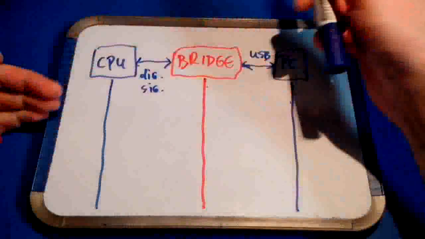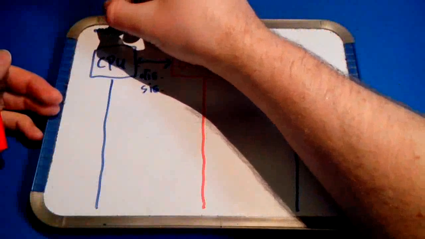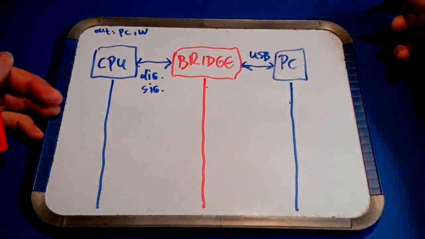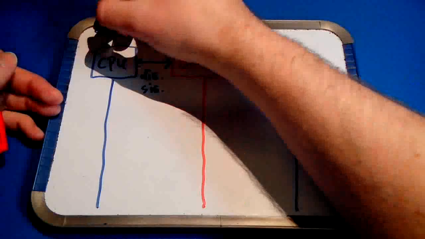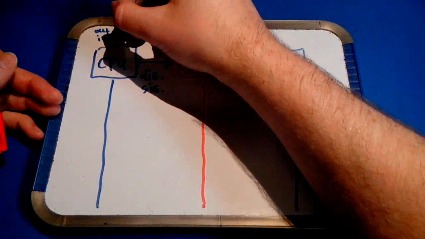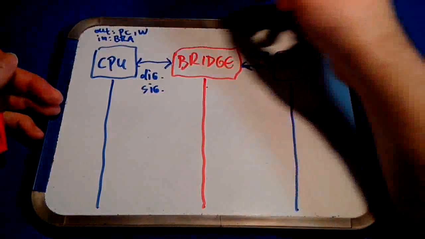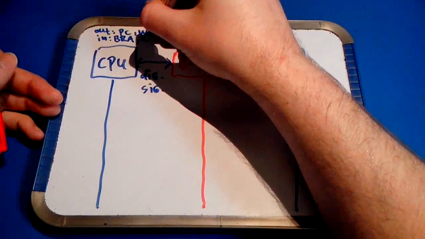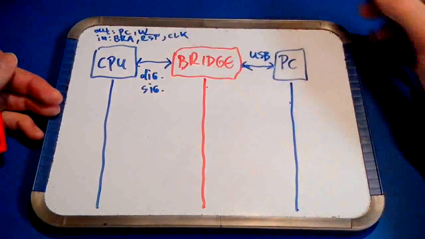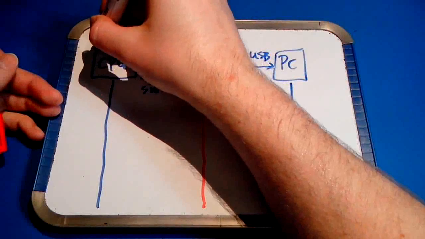Now remember that the CPU has as output a program counter and a write signal to the RAM, right? As input it has a branch input and reset and clock. Unfortunately I'm right-handed, that is not convenient.